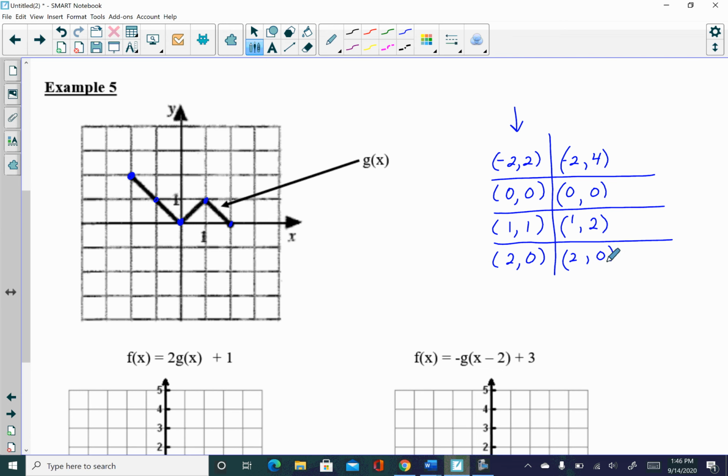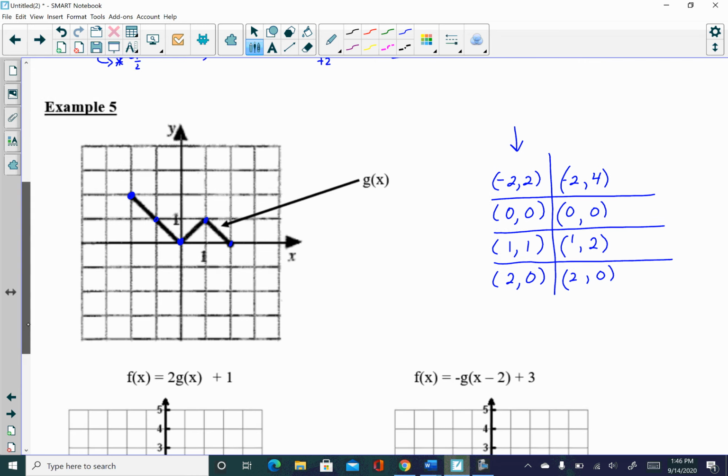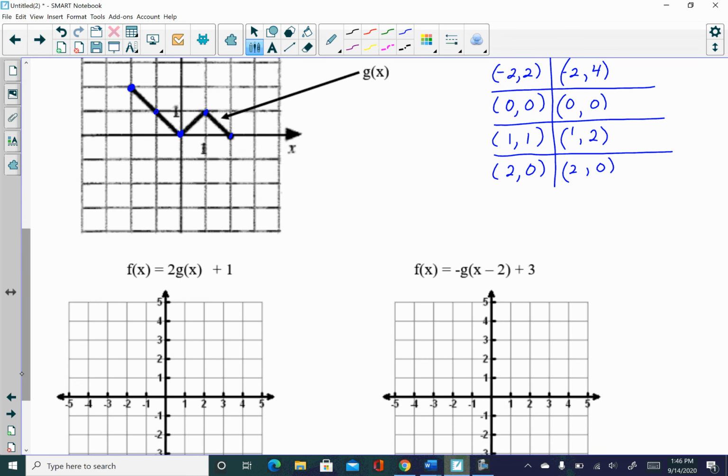So now if I plot these points, I have the points (-2, 4), (0, 0), (1, 2), (2, 0). That's a vertical stretch, right? It's on the outside, vertical stretch. So here's your new graph.